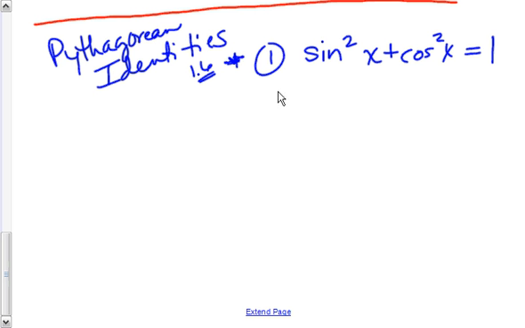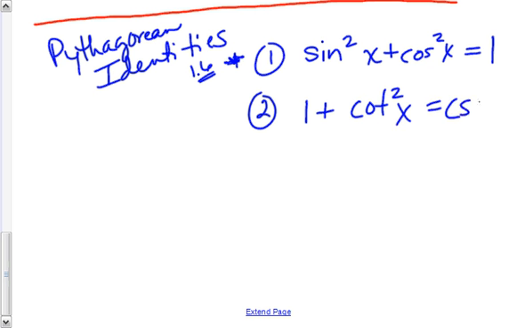We can take this a little further, and we get two more identities. The second one is 1 plus cotangent squared equals cosecant squared. Let me show you how we get there.